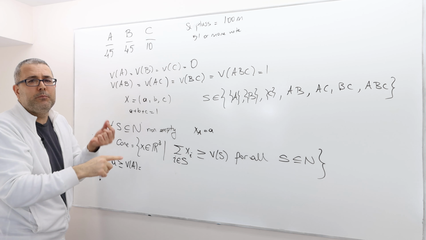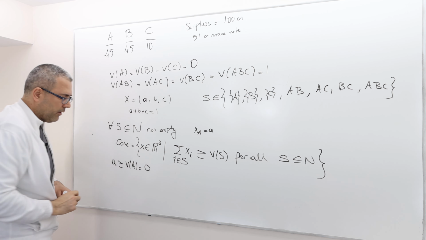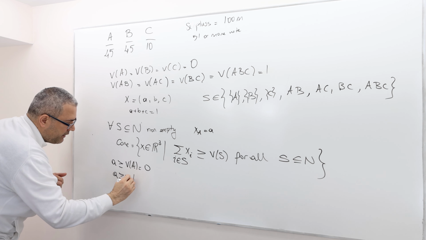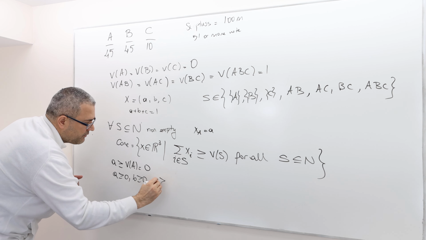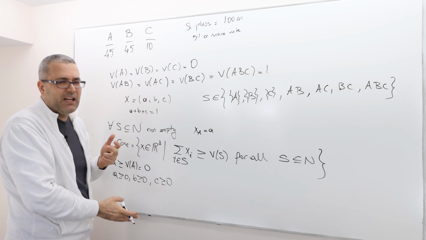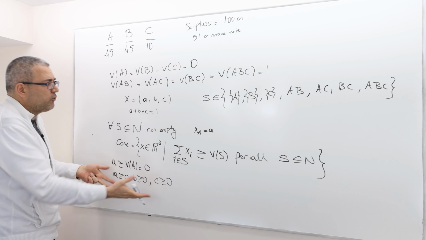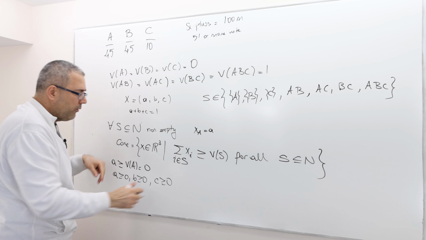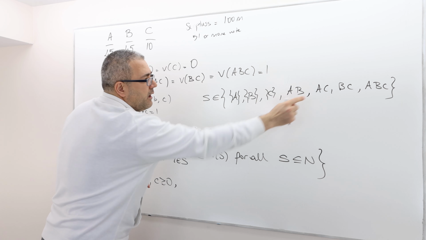Remember, V of A or B or C is all 0. So A is greater than or equal to 0, B is greater than or equal to 0, C is greater than or equal to 0. Basically these inequalities don't really tell much to me. I already know that from the feasibility of the payoff vector. Okay, let's keep going.